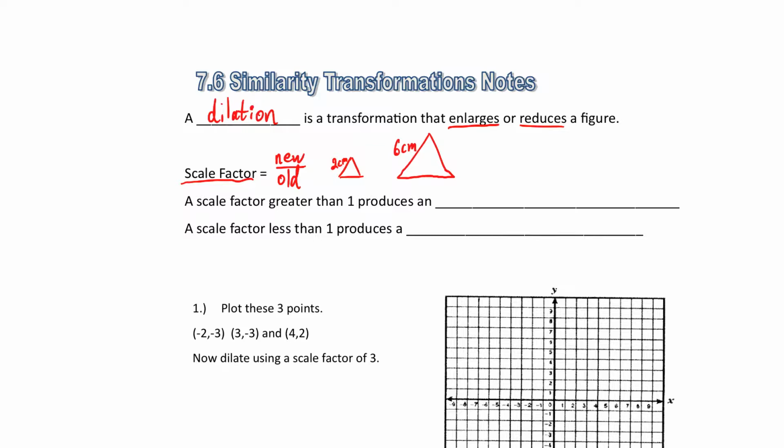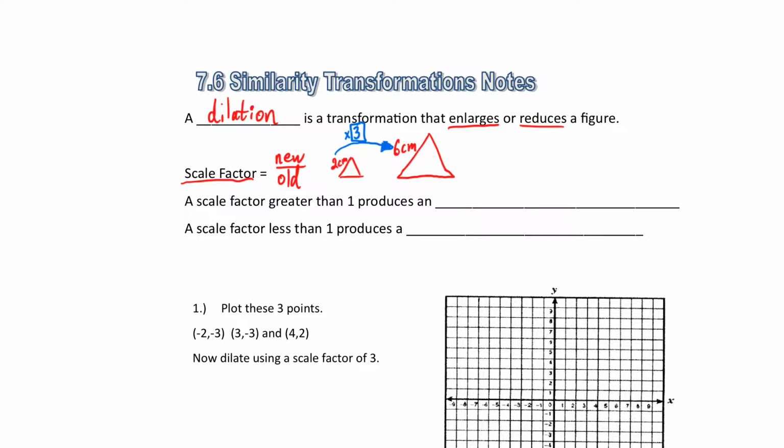So the scale factor is the number we use to multiply to get from the first one to the second one. So what would the scale factor be here? 3, yeah. 2 times 3 is 6. So in this dilation, the scale factor is 3. And again, we've been using this over and over again. I just haven't used that phrase yet, but that's the scale factor.